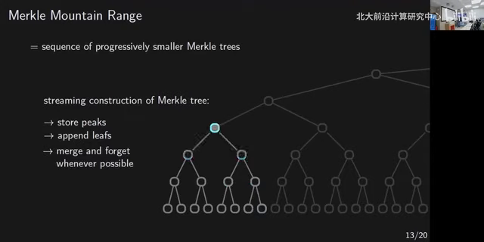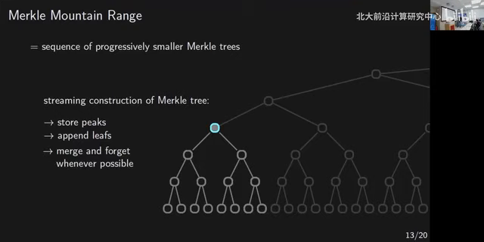And boom, now we've reached the next state of the streaming algorithm, whereby we can read the next leaf. So you can think of Merkle mountain ranges as a way to build a very large or even infinitely large, perhaps indefinitely large Merkle tree.